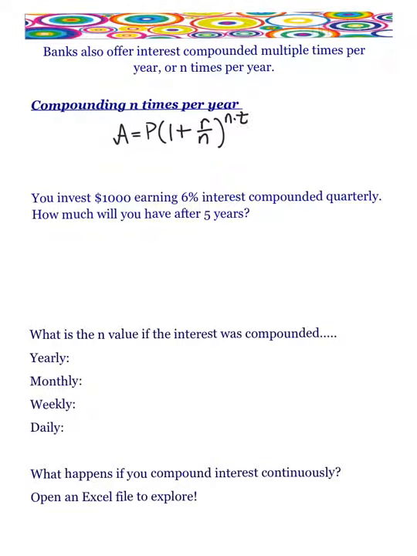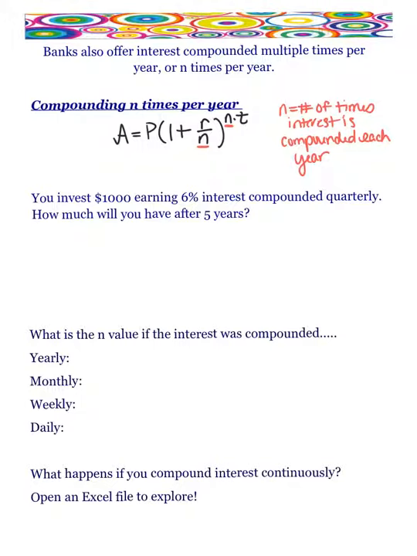So really, the only thing changing here is I'm adding in these n values, where n is equal to the number of times interest is compounded each year. So let's look at this example.